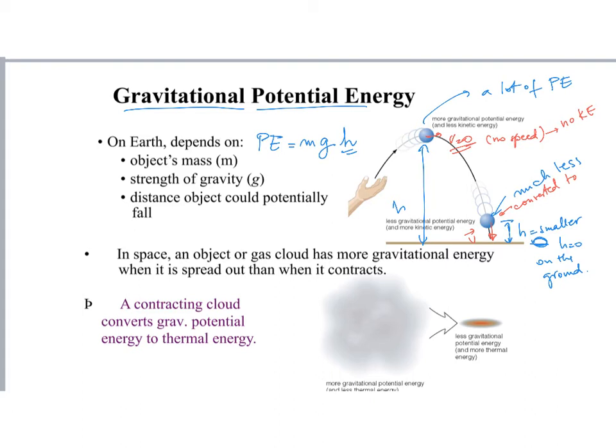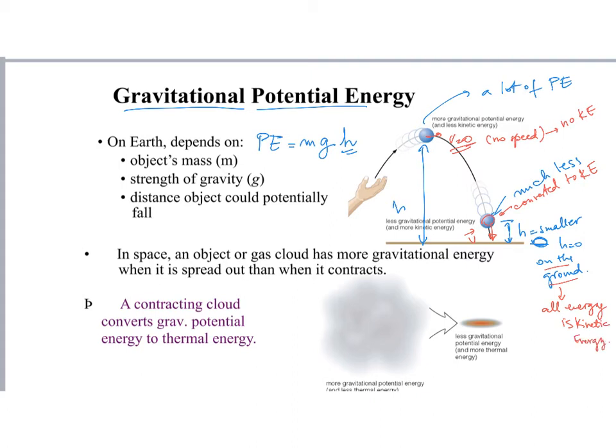Here, all that loss of gravitational energy from this point was converted to kinetic energy, and that's going to be all of it converted to kinetic energy. So here on the ground, all energy is kinetic energy.